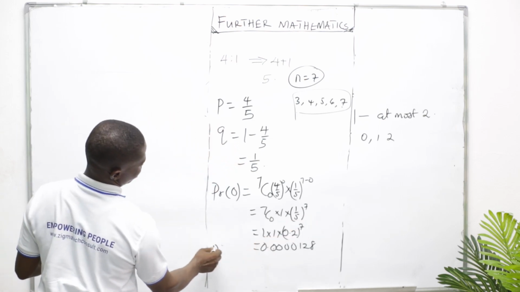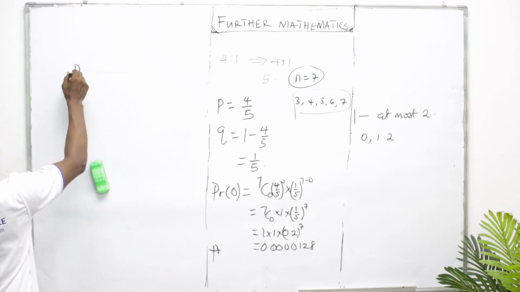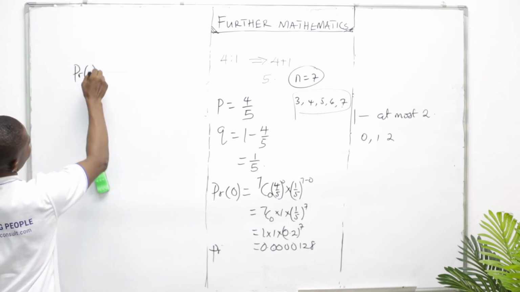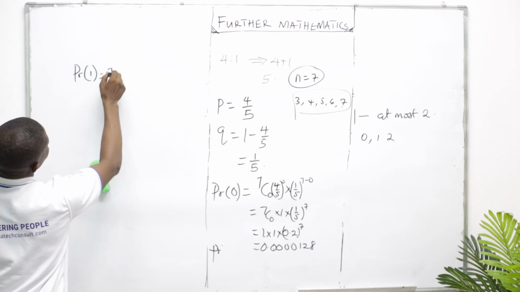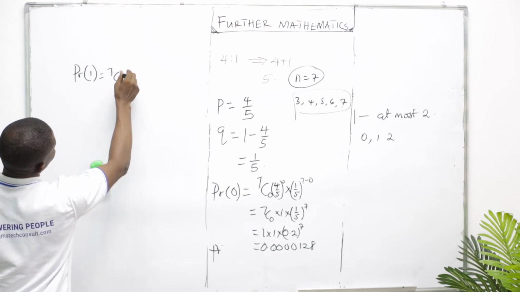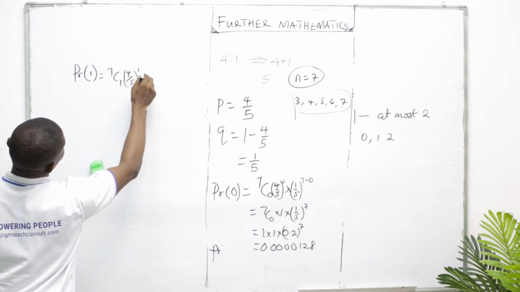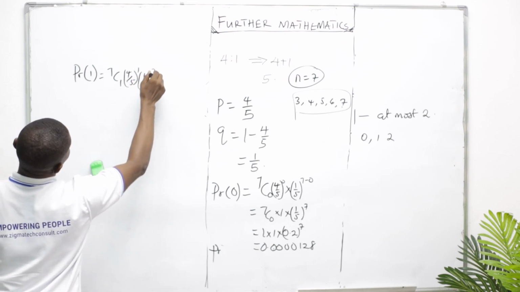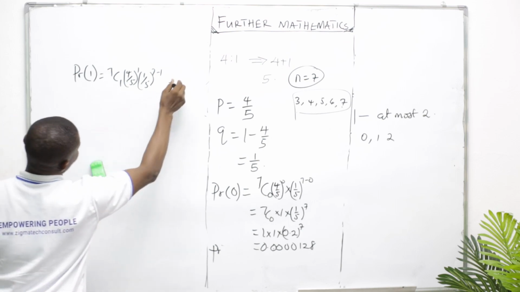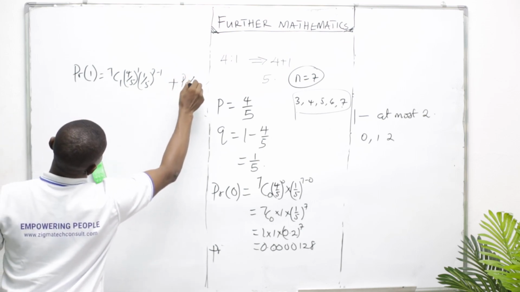Then Pr of 1, probability of 1 equals 7 combination 1, 4 over 5 power 1, 1 over 5 power 7 minus 1, plus Pr of 2.